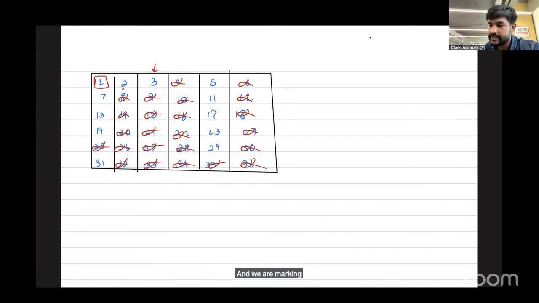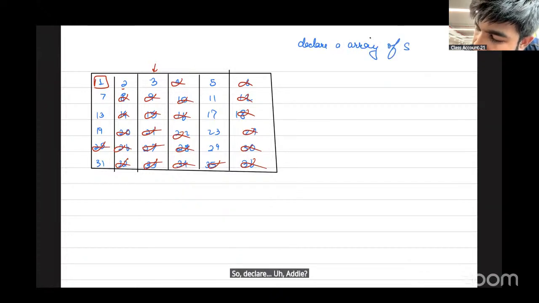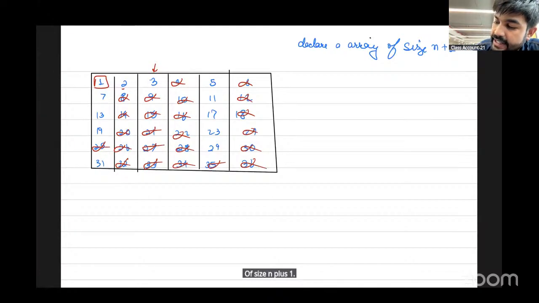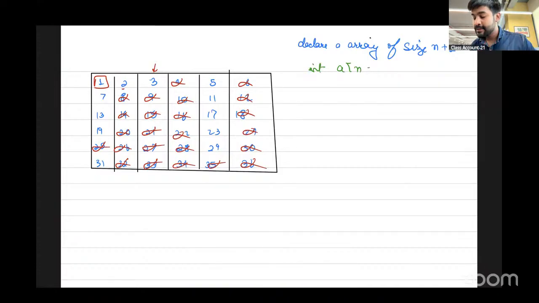So we need to save something. So declare an array a of size n plus 1, and initially everyone is in my class.